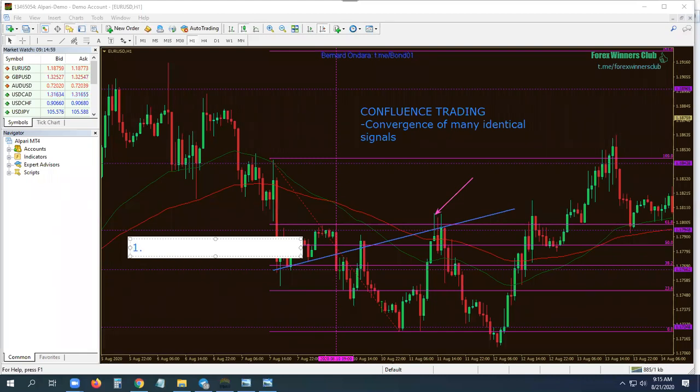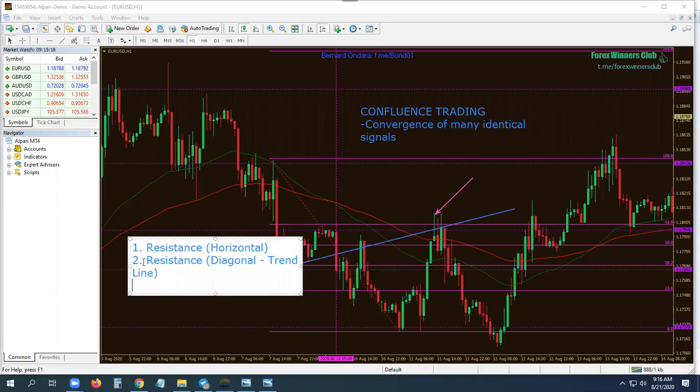Number one, we have resistance. We have resistance, horizontal. Number two, we have resistance, diagonal, which is the trend line. Number three, we have resistance, dynamic, which is what?